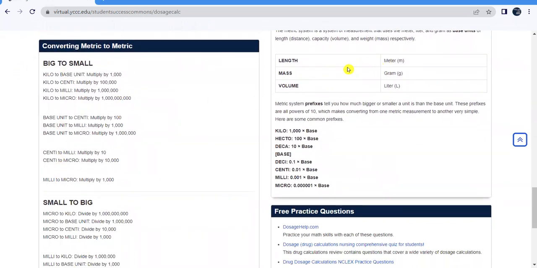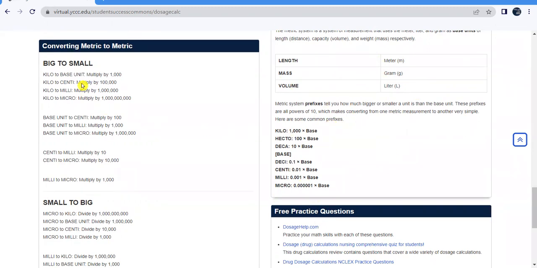And remember, if you need to remember what the base units are, meter, gram, liter, all of these prefixes here can all be stuck in front of these bases. So you can have a kilometer, a kilogram, a kiloliter, or a micrometer or a microgram or a microliter. All of these prefixes can be slapped on top of one of these. And if it has no prefix, it's just the base unit.